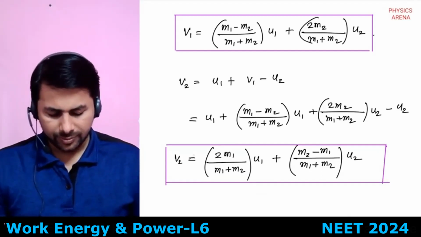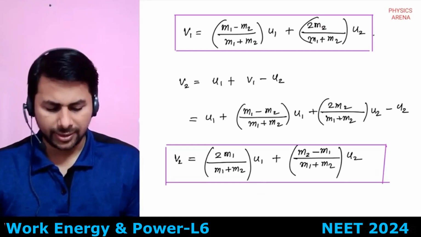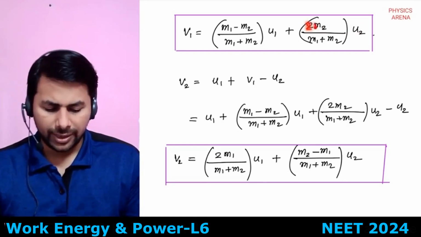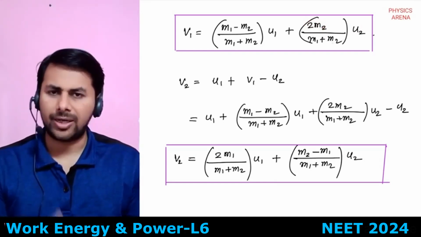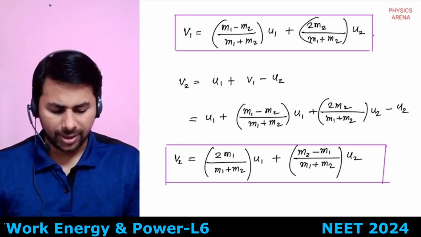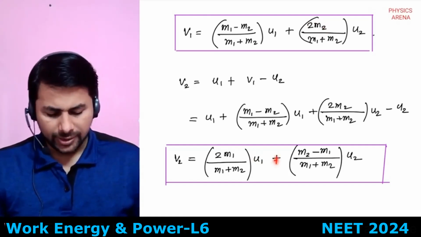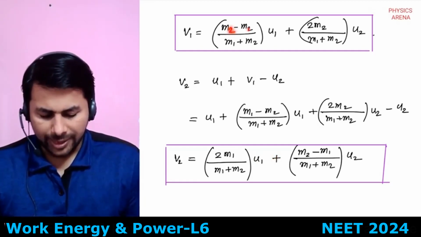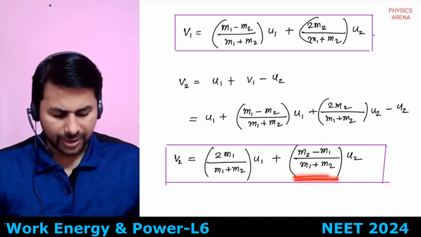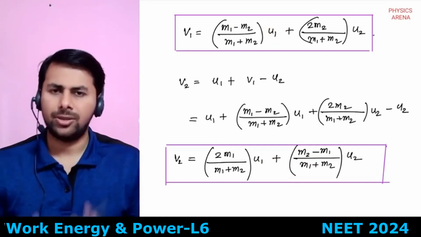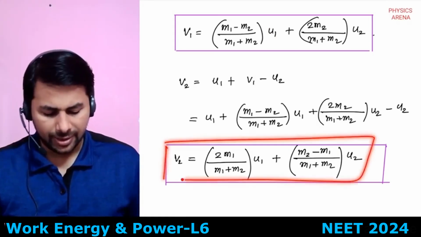Instead of m2, I will put m1. It is 2m1 divided by (m1 plus m2) multiplied by u1, plus (m2 minus m1) divided by (m1 plus m2) times u2. So we get this formula.